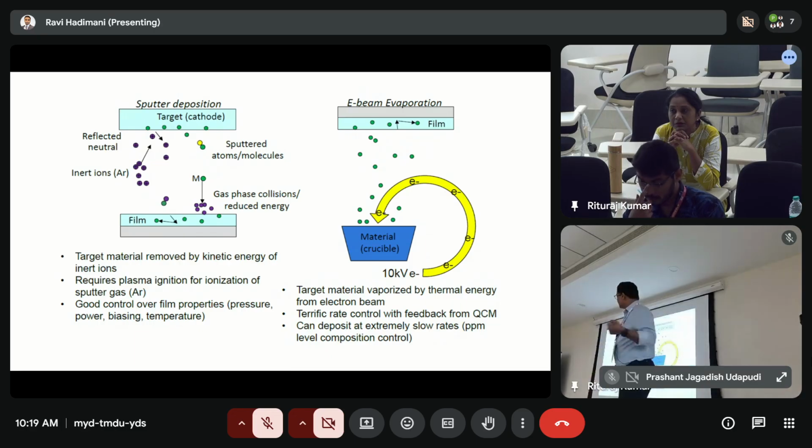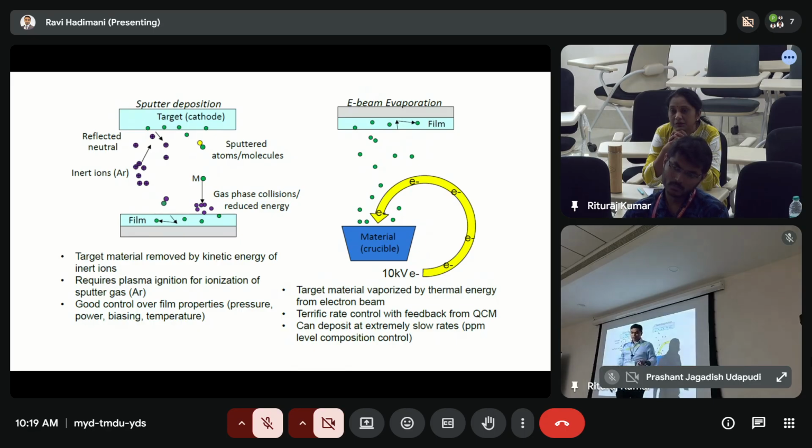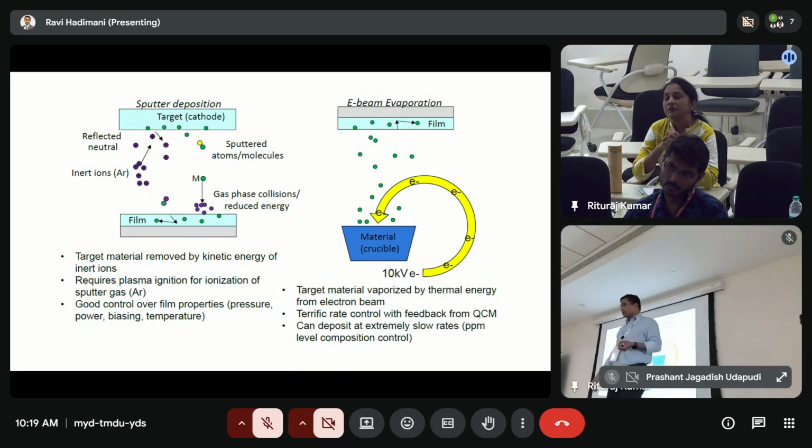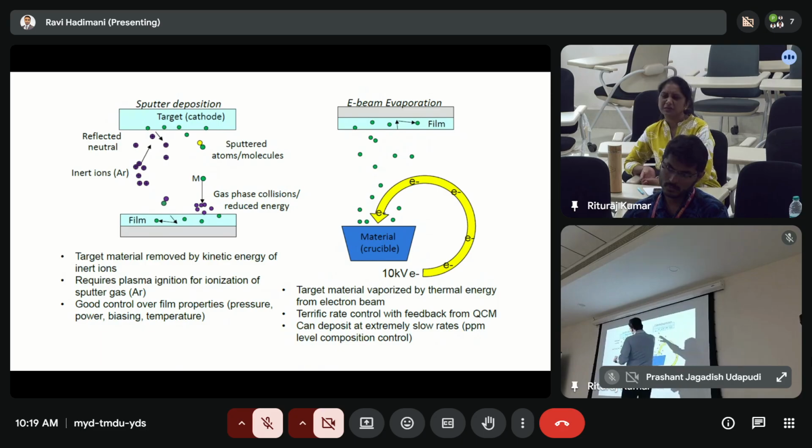When you knock off these atoms, they fly off, and right in the path you put the substrate on which you want to deposit the film. So the particles come and deposit on the substrate. That is sputtering deposition.